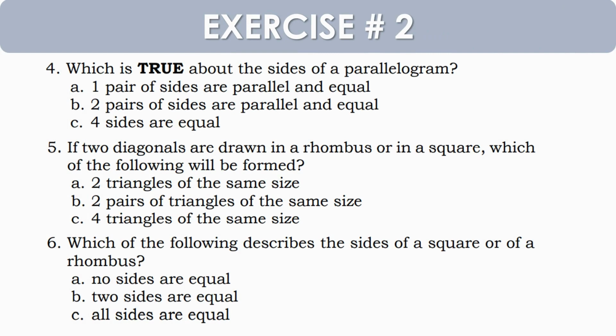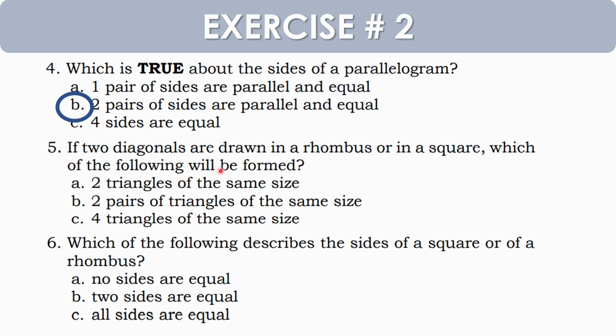Exercise number 4, which is true about the sides of a parallelogram. A, one pair of sides are parallel and equal. B, two pairs of sides are parallel and equal. Letter C, four sides are equal. That's right. Letter B, two pairs of sides are parallel and equal. Let's move on to number 5.